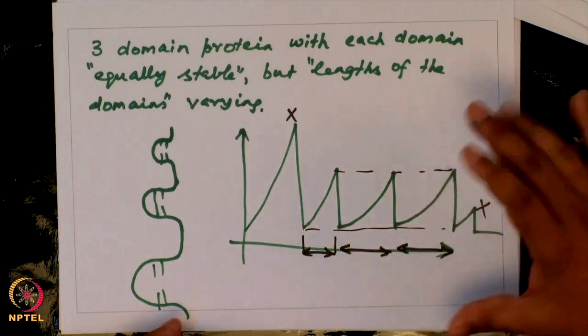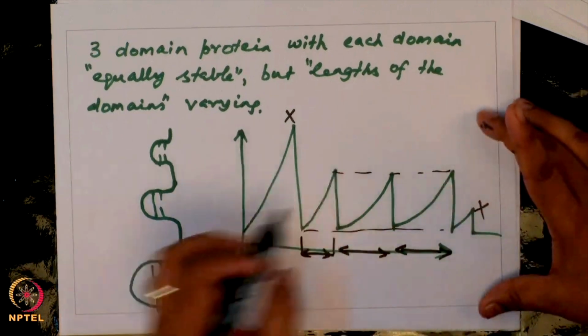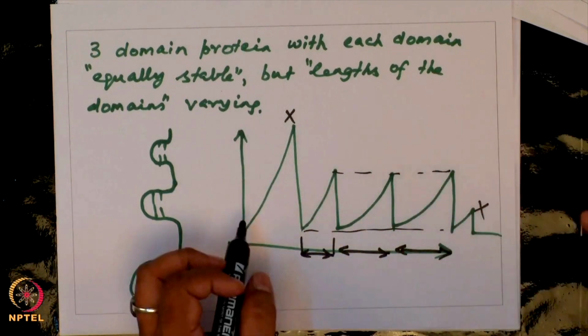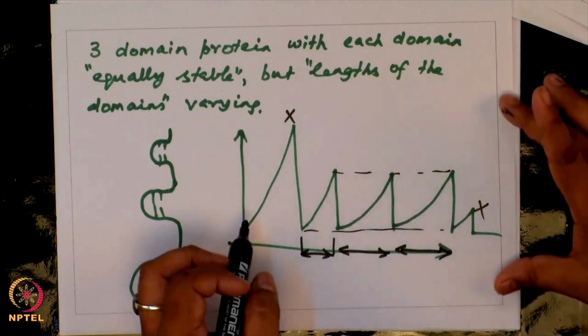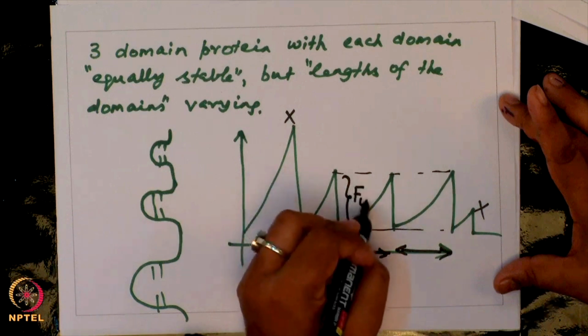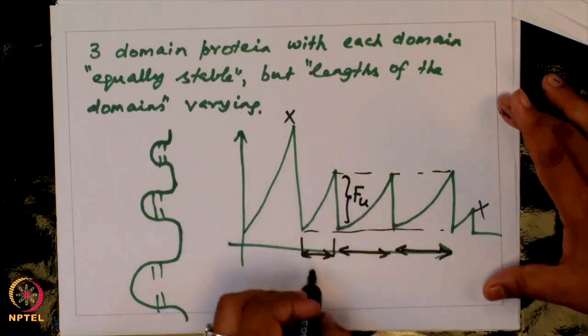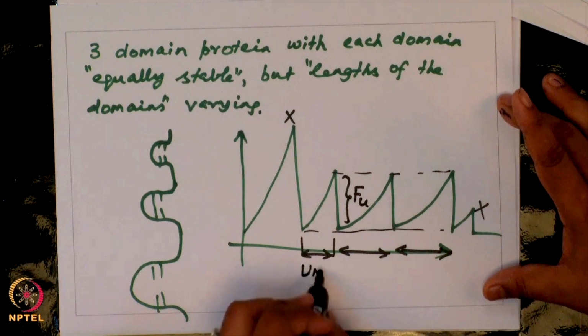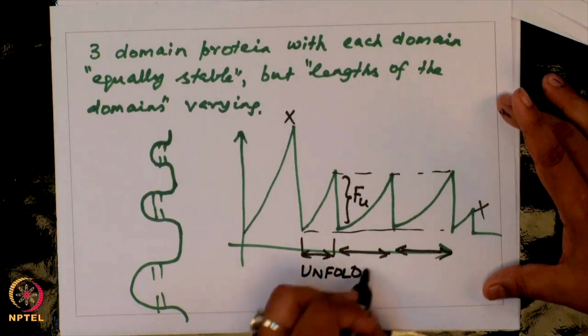For a single domain, let us say you have a peak like this. There are 2 things that you can determine from this peak. One is the force of unfolding, and the other is the unfolded length.